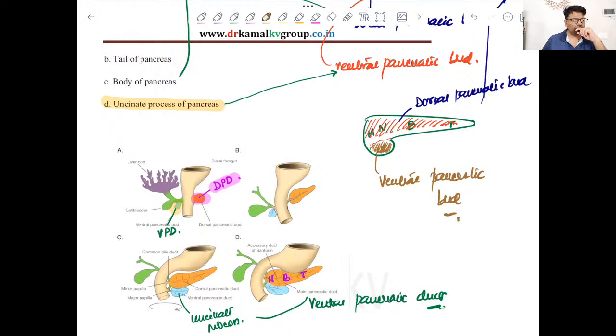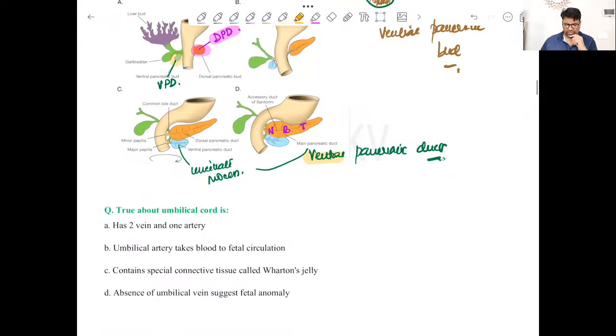Okay, this is a simpler way to remember. Ventral will give the uncinate process, dorsal will give the remaining portion of the pancreas, right? So this is in short.